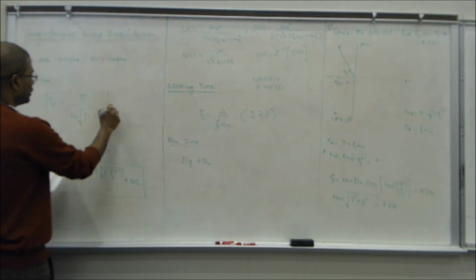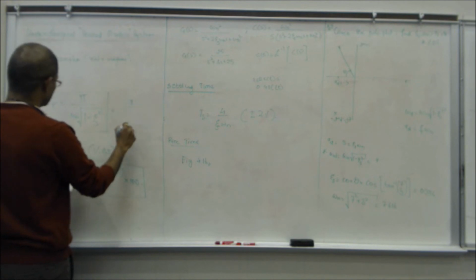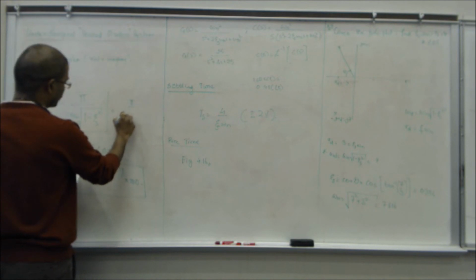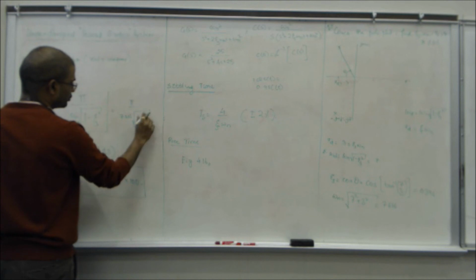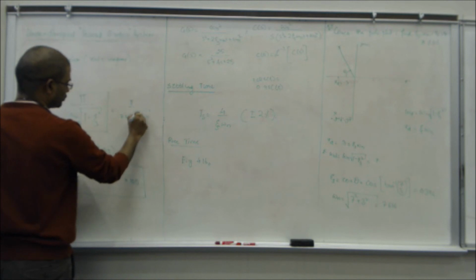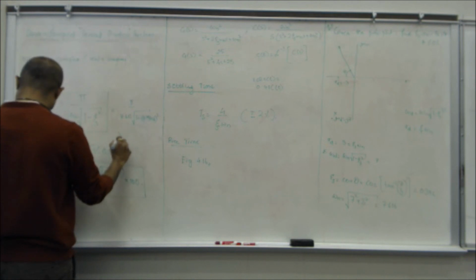Your TP would be pi over 7.616 into root of 1 minus zeta square.